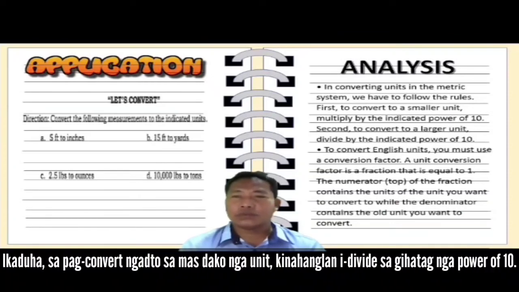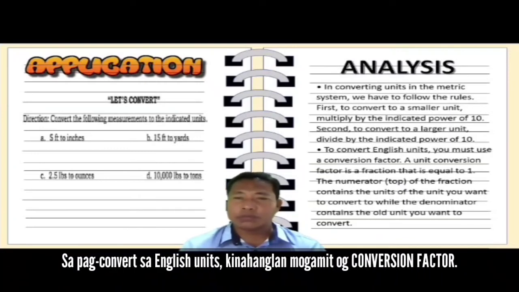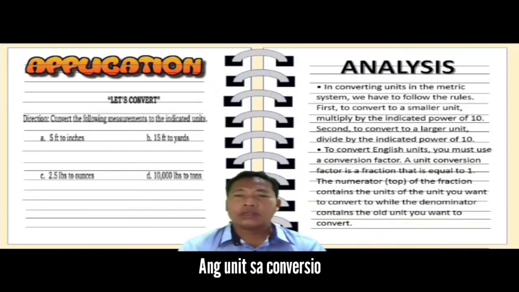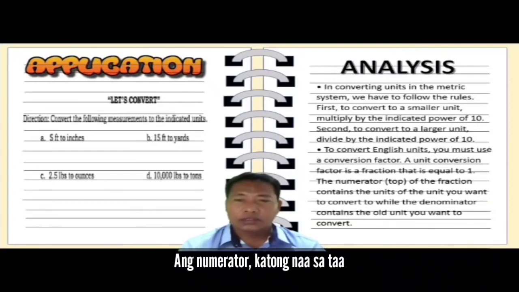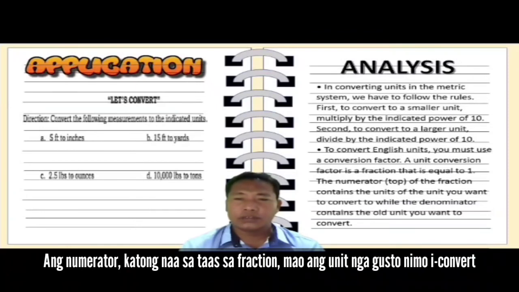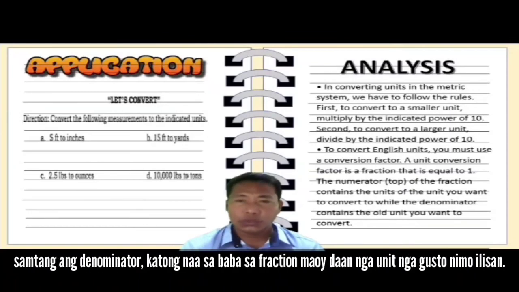Second, to convert to a larger unit, divide by the indicated power of 10. To convert English units, you must use a conversion factor. A unit conversion factor is a fraction that is equal to 1. The numerator, top of the fraction, contains the unit you want to convert to, while the denominator contains the whole unit you want to convert. Okay?